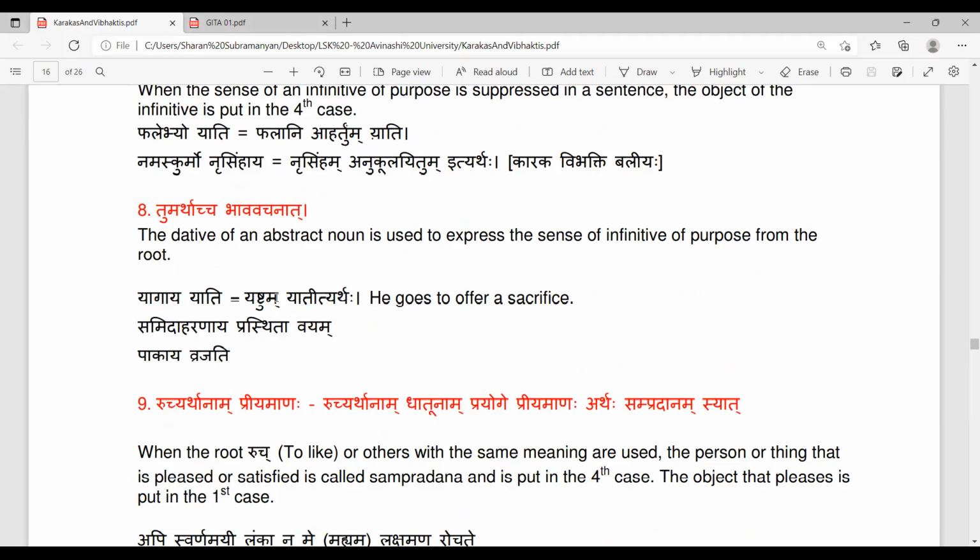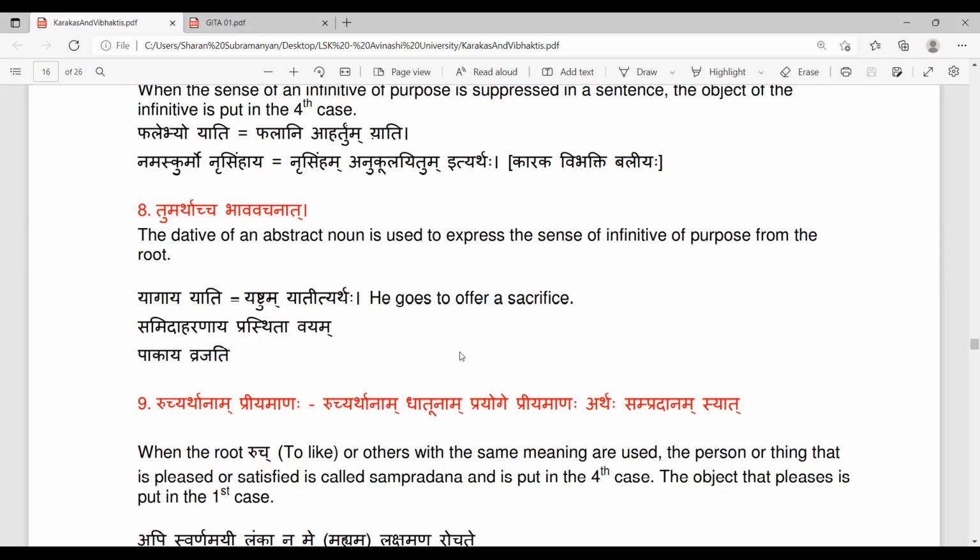The purpose is there, so tuman artha is there. Yaga is a bhava vachana, an abstract noun, and that will be in Chaturthi Vibhakti, yagaya. The dative of an abstract noun used to express the sense of an infinitive of purpose will be Chaturthi. Pakaya vrajati.